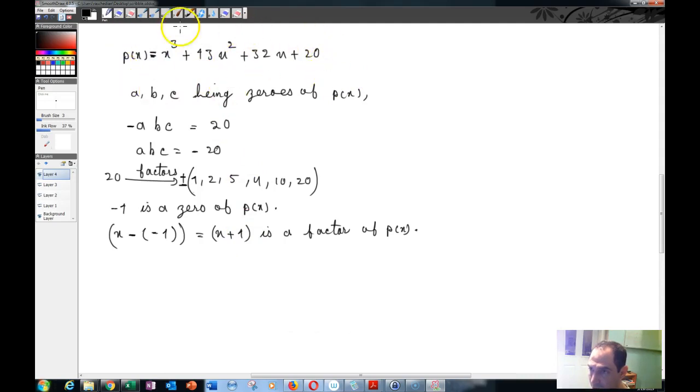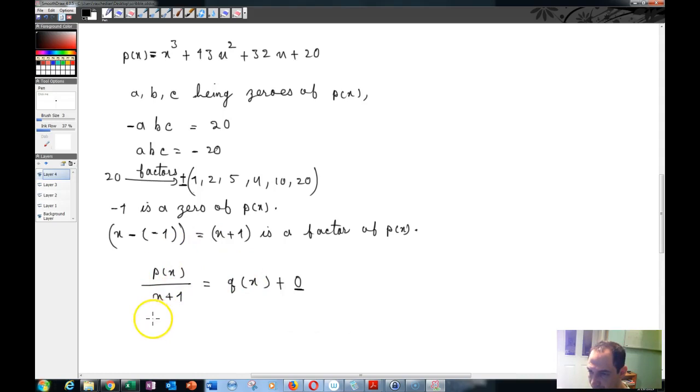polynomial, that means that this polynomial is divisible by x plus 1. And as a result of that, you can say that basically P of x divided by x plus 1 is going to give you some quotient q of x plus some remainder 0. The remainder is 0 because x plus 1 is a factor of P of x.